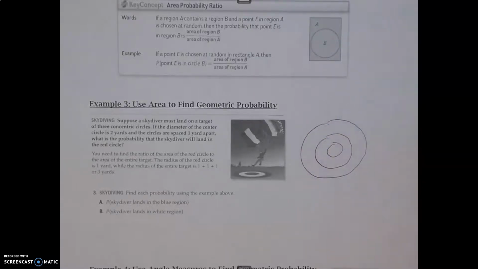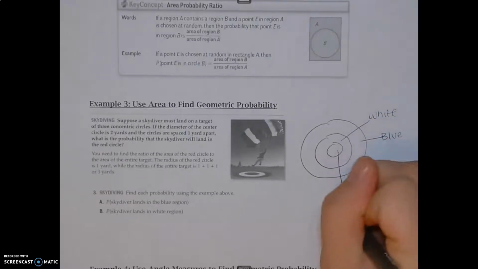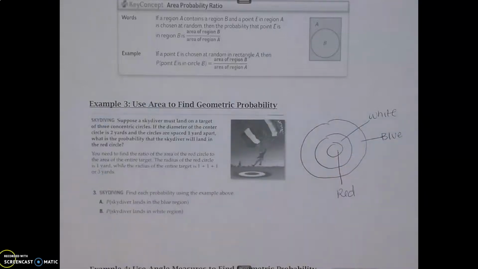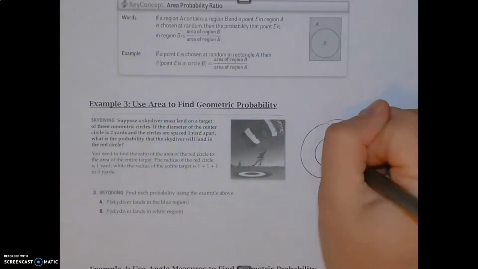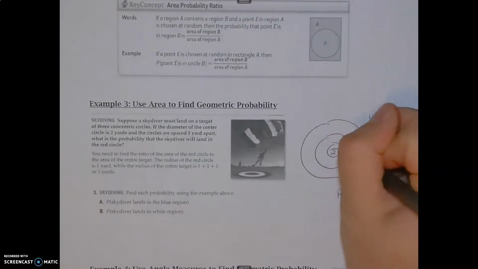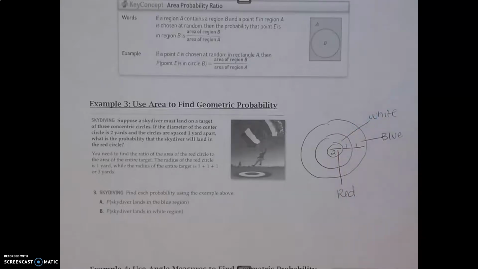And you're unable to see color, so this outer one is blue, the middle one is white, and then the center one is red. So it says the diameter of the center circle is 2, and then it says the circles are spaced 1 yard apart, so this distance would be 1, and then this distance would also be 1.